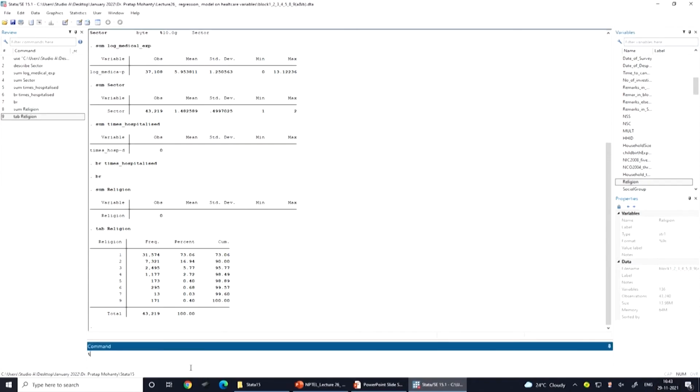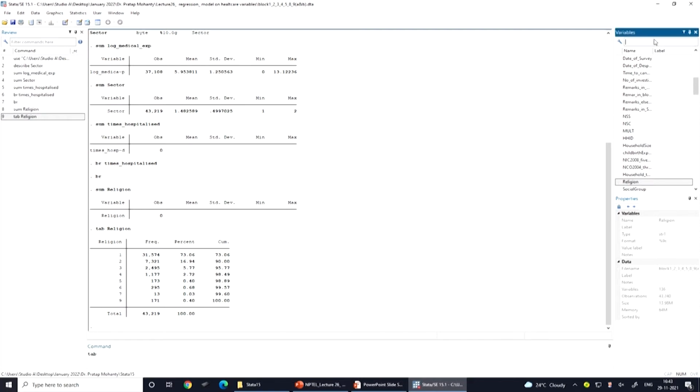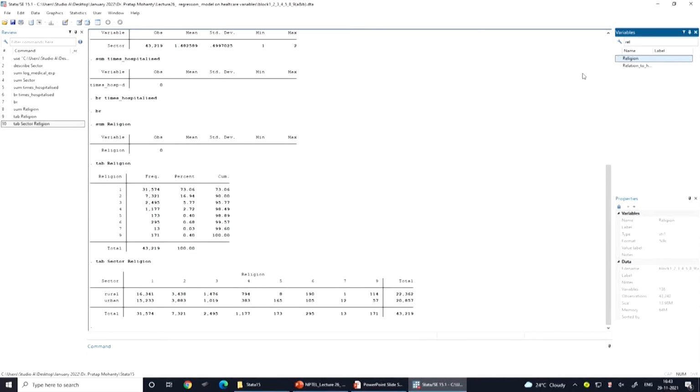Let us take tab and two variables, sector and religion. This gives us information about the cross tabulation, how rural and urban sectors are distributed across religion, and it is clearly understood.